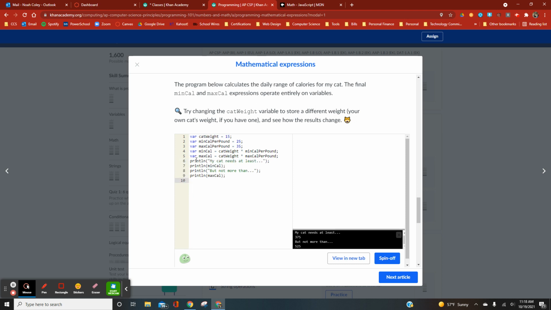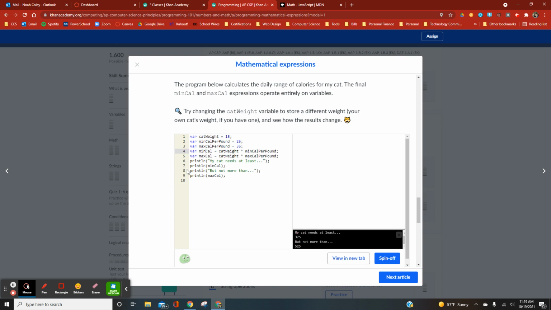First line, we want it to say print line. My cat needs at least. Print line, minimum cal. So it's coming up here and referencing minimum cal. And it does the calculation for you. So it'll be cat weight 15 times min cal per pound, 25. 15 times 25 apparently is 375.